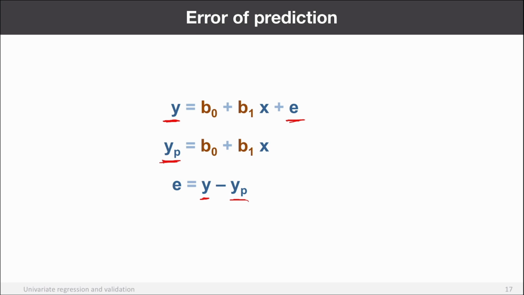Because the real y value very rarely depends only on x. It depends on many other random factors, right? So you always have a y different from the predicted values, from yp. Even if you have a linear trend, a physically justified linear trend, for example, between two variables, y is always different from yp, and that's what we call the error of prediction.